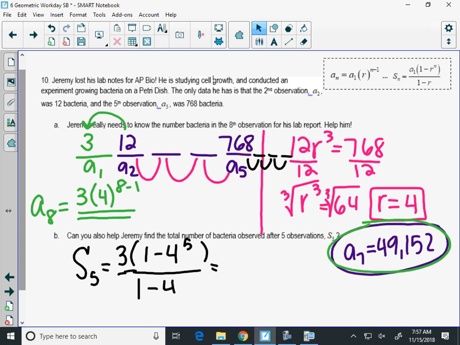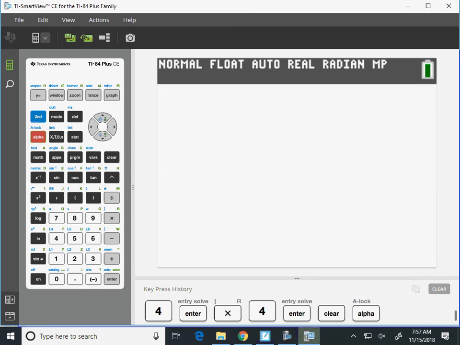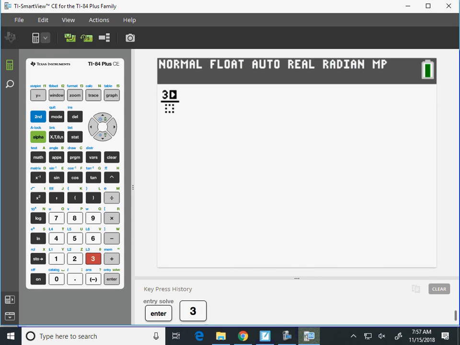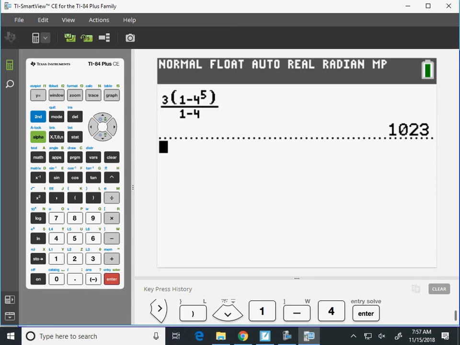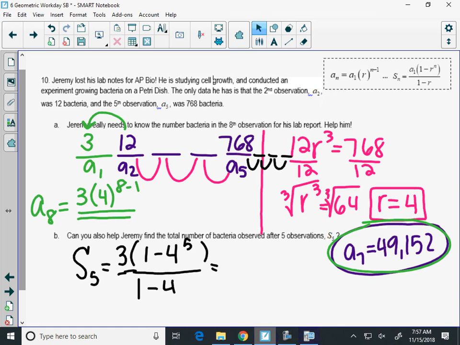Let's go ahead and type that into our calculator for the last time. Okay, we'll have 3 bacteria, 1 minus the common ratio of 4 to the 5th, over 1 minus 4. And it turns out that after 5 observations, there would be a total of 1,023 bacteria on the petri dish.